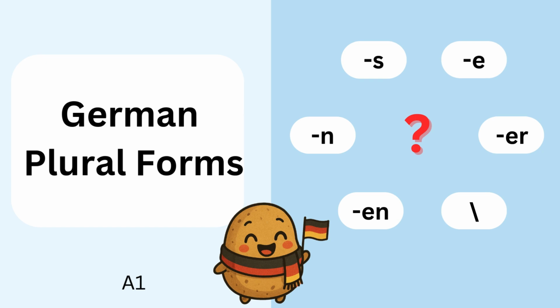In this lesson, you will learn about the plural in German. The first thing you need to know about the plural in German is the articles. Remember, we have three articles in German: der, die, das.